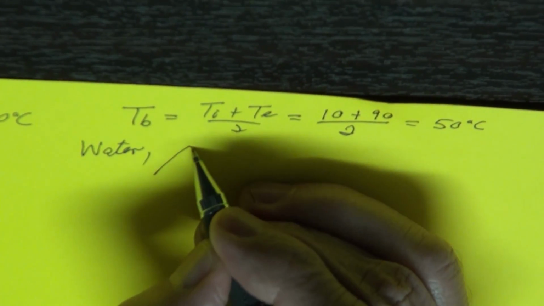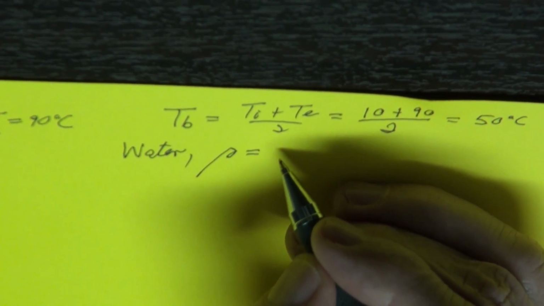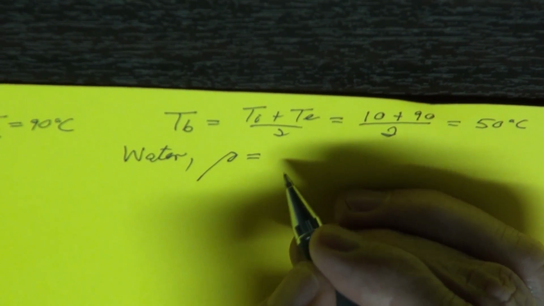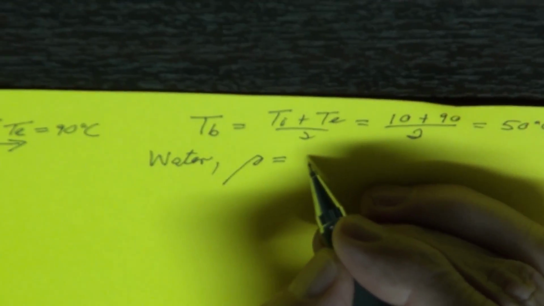Now, for water, we can go and get the properties at a temperature of 50 degrees Celsius. I got it using a software program, or you can get it from the internet, or from the textbook that we're using, which is the textbook of Cengel and Ghajar.